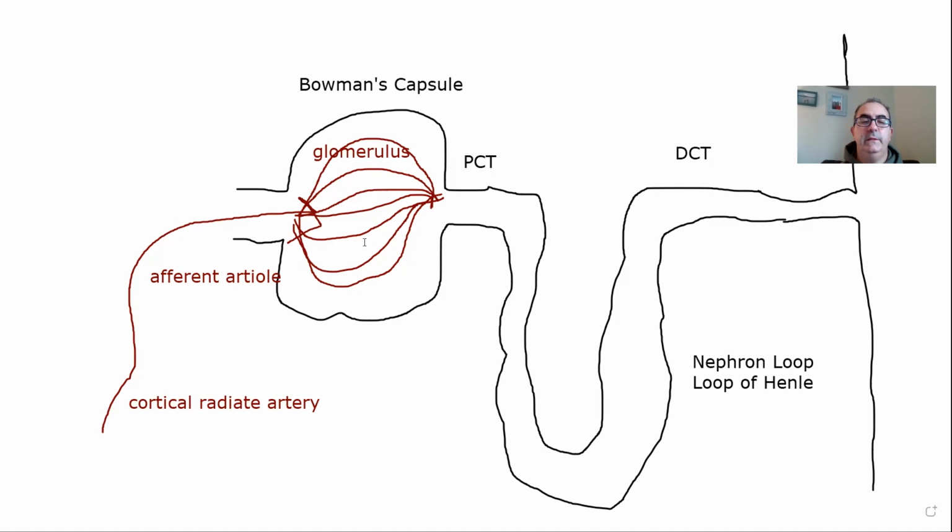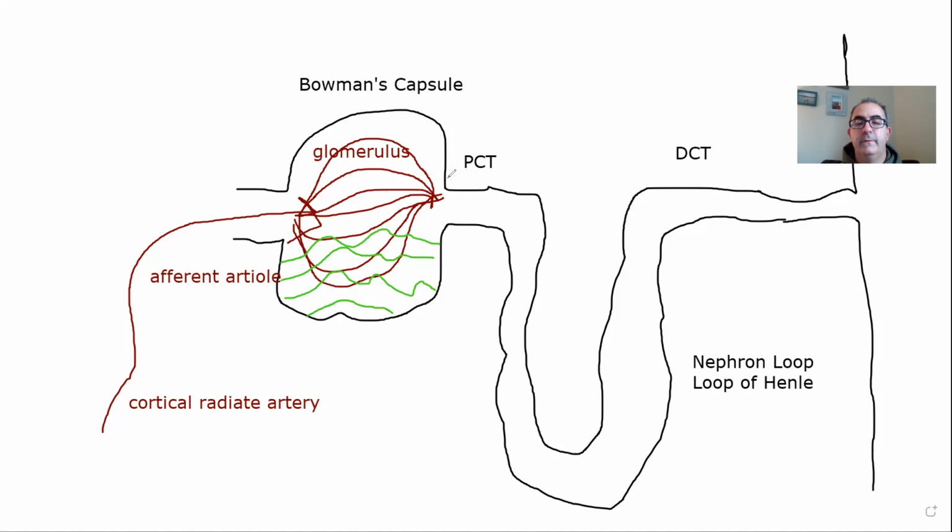I'm going to draw this in green just because I don't know what else to do for color. So the blood is in the glomerulus and basically a bunch of it leaks out. I'm drawing it like little waves. You have liquid in that glomerulus.